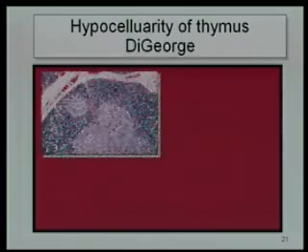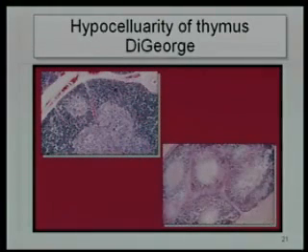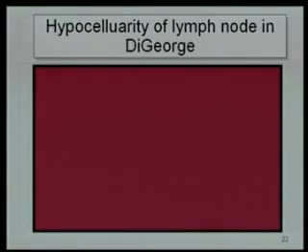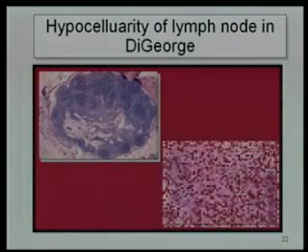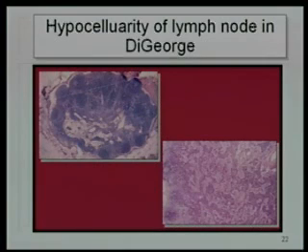For the hypocellularity of the thymus, one can use almost the same slide as before. Okay, poor development of thymic lymphoid areas. The lymph nodes will also be poorly developed because there are no T cells in the paracortical areas.